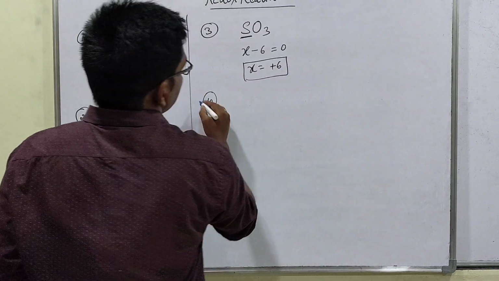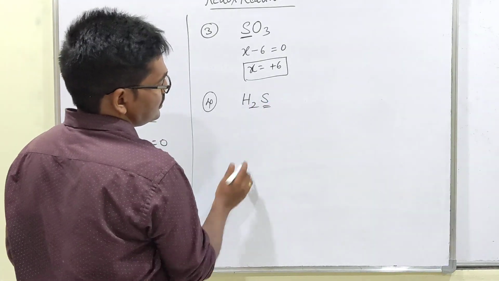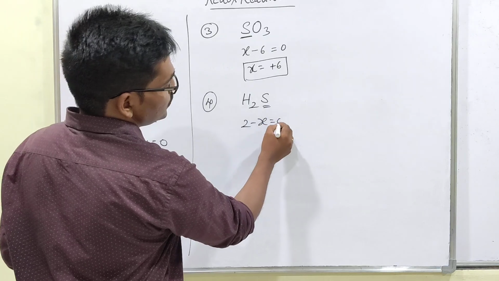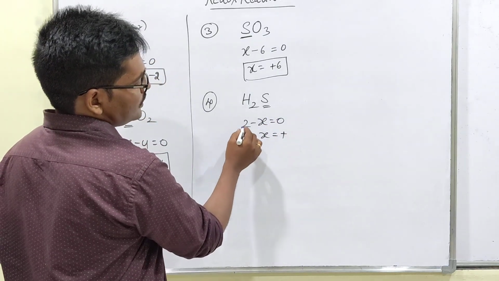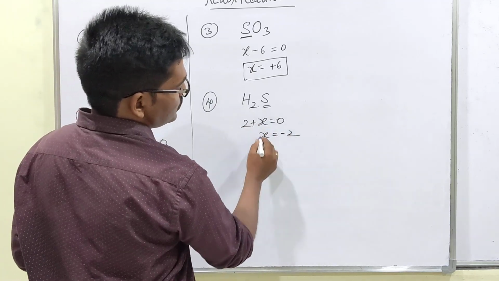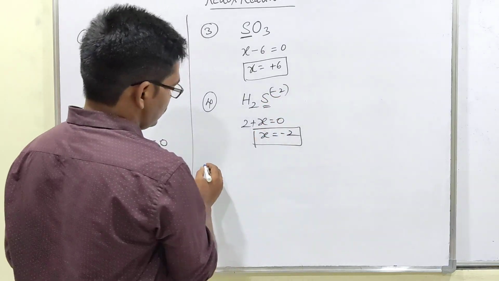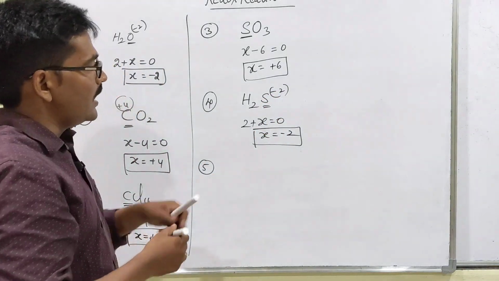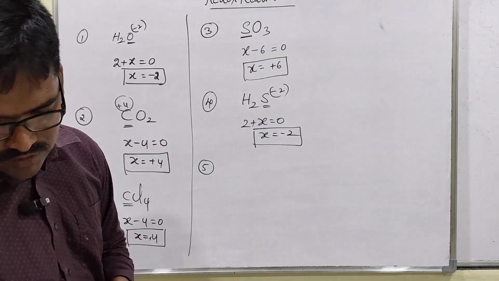Then sulfur oxidation state in H2S. So plus 2 plus X equals to 0, then when it is sent to this side, X equals minus 2. So sulfur oxidation state is minus 2 in the H2S molecule. Hydrogen gives plus 2, and when it is sent to the other side, minus 2 is the oxidation state.